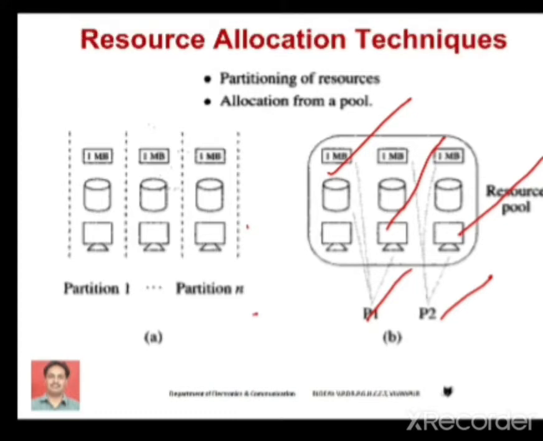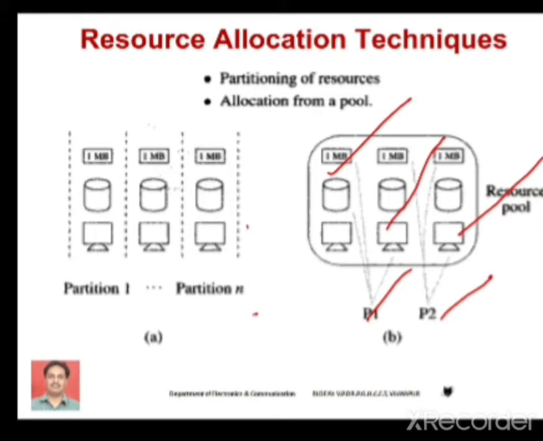Dear students, here you can think about what is the advantage and disadvantage of these two techniques. As I told, the first technique we call static allocation, and the second technique is called dynamic allocation. It is something like this. If you go to a hotel, there will be two options for ordering your lunch or dinner. Either you can order a thali or you can order the dishes separately. Ordering a thali is something like static allocation because you are going to get a fixed number of items.